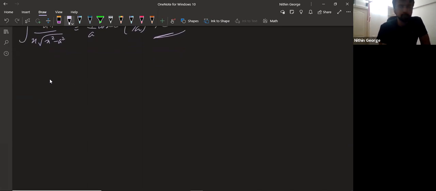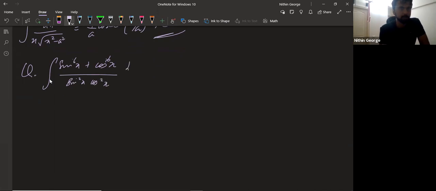Now, let's do a couple of questions quickly. Integral of sin power 6x plus cos power 6x by sin square x cos square x dx. What does this come out to? Guys, quickly find.